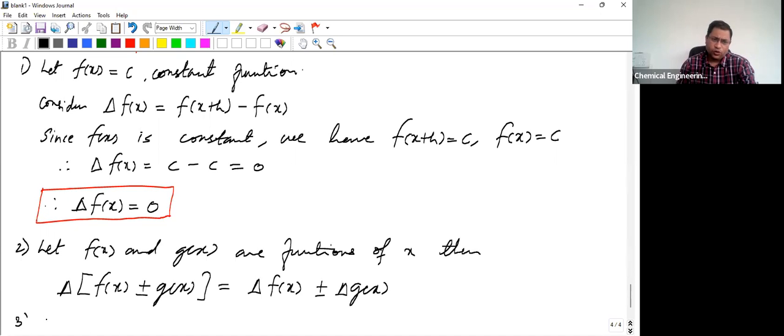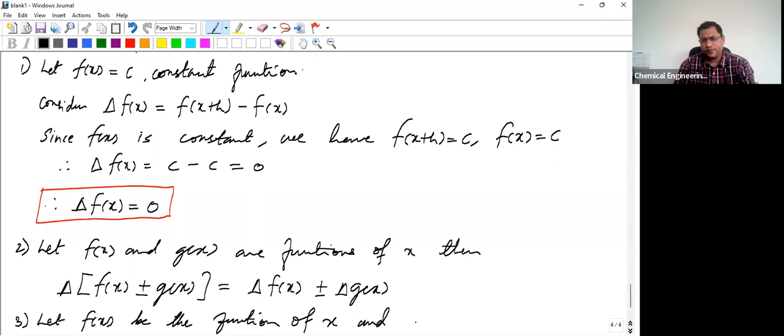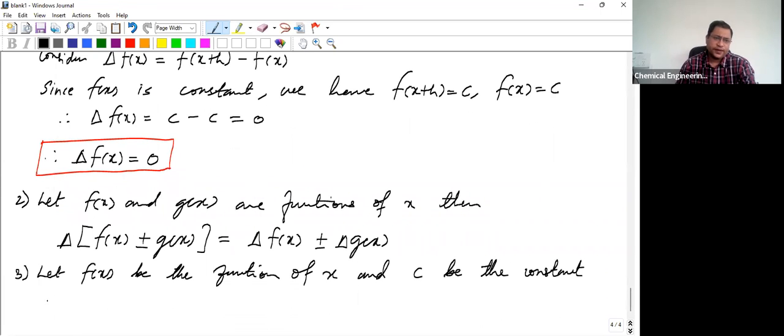And moreover, let f of x be a function of x and c be a constant. Then we have delta of c times f of x is equal to c times delta of f of x.